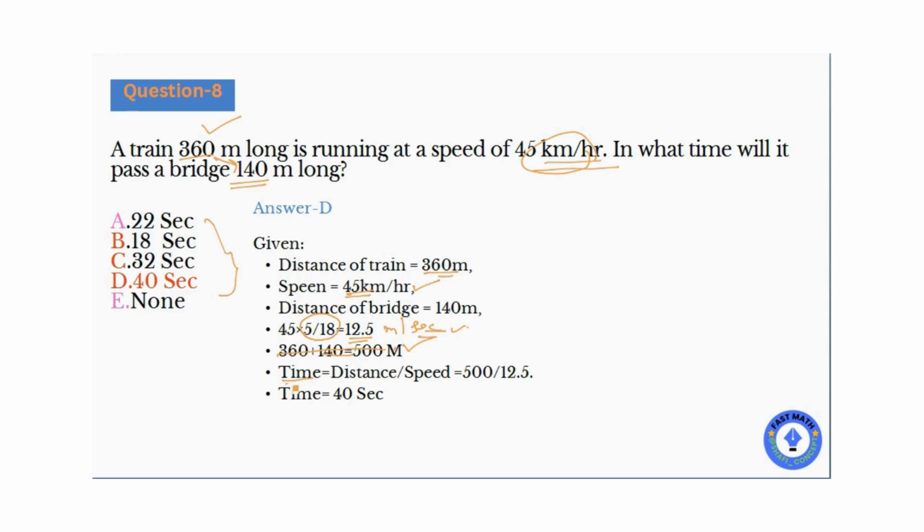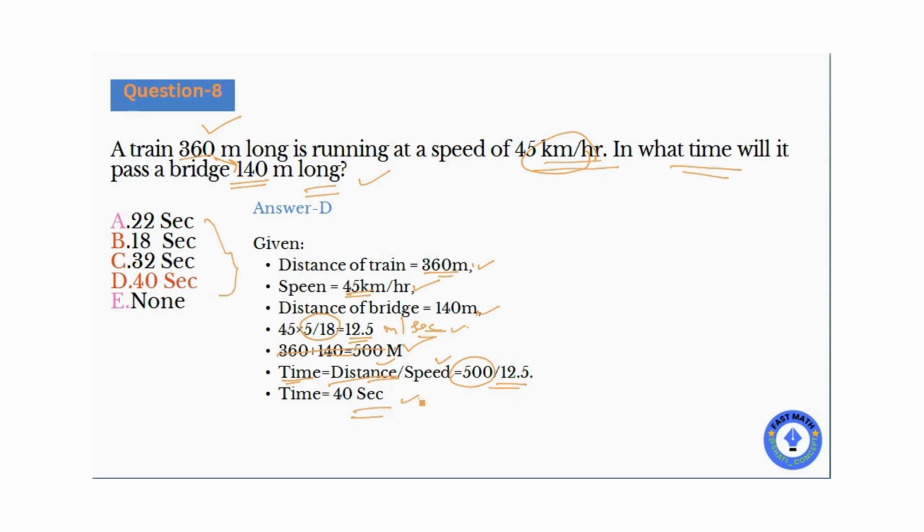The problem asks for the time required to cross the bridge of 140 meters. Time is distance divided by speed. As per the formula, the distance 500 we have already arrived at, the total of the length of the train and the length of the bridge. That is 500 divided by 12.5.